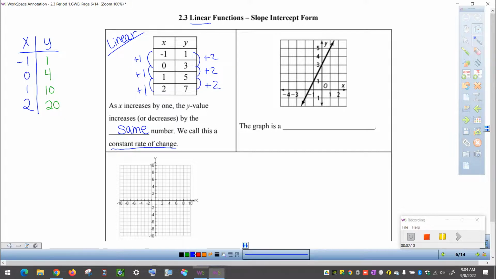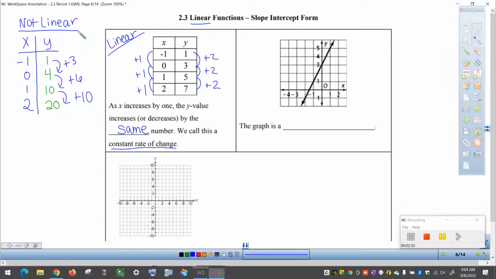But notice now that as x is getting bigger by 1, first the y values add 3, then they add 6, then all of a sudden it's adding 10. So notice how it's not going up by the same number. Not a huge deal, it just means that it's not linear. So that would be a way for us to check or test if something is a linear relationship or not based on the table of values.